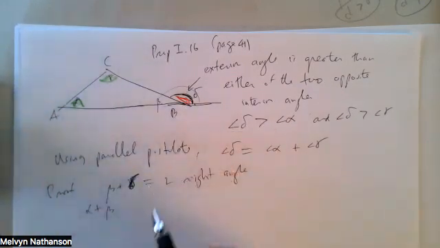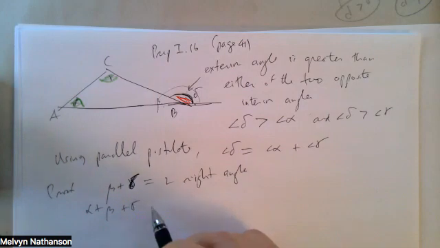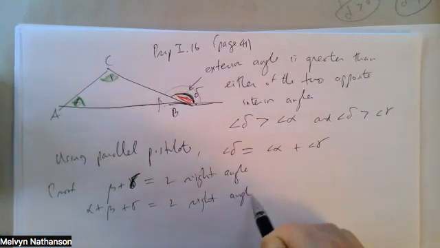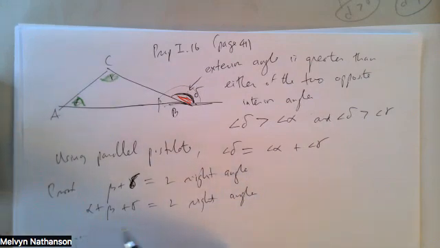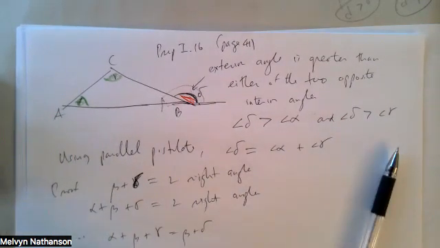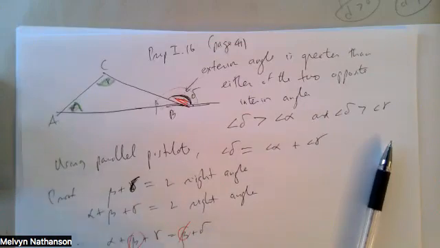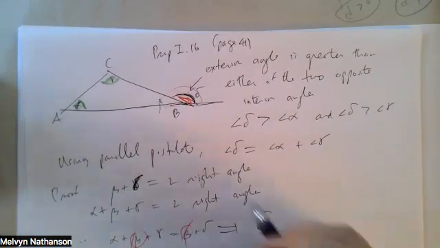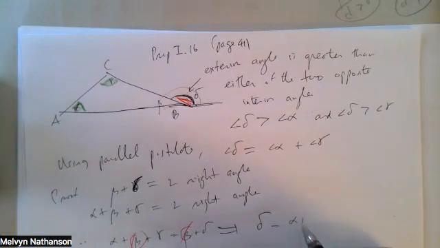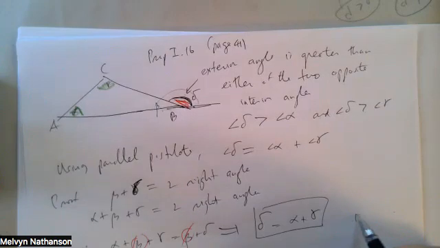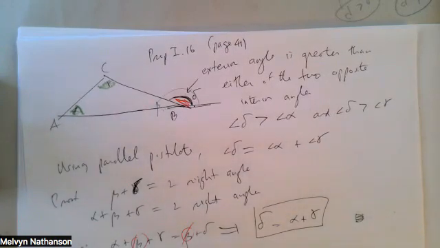And the sum of the three angles of a triangle, alpha plus beta plus gamma, is also equal to two right angles. So therefore, alpha plus beta plus gamma equals beta plus delta. Cancel the betas. You get the exterior angle delta is equal to the sum of alpha plus gamma, the other two interior angles.